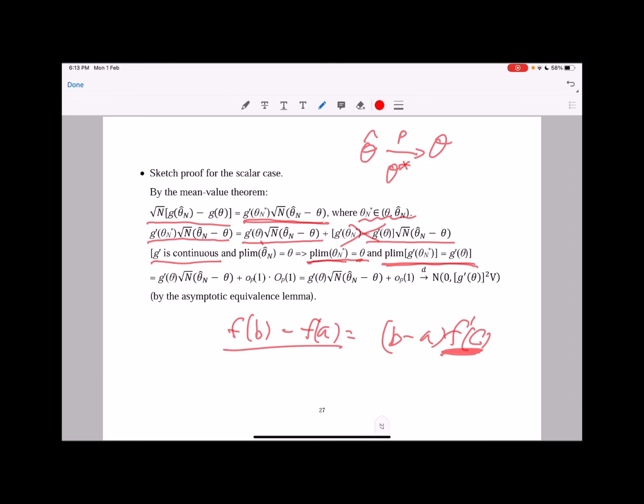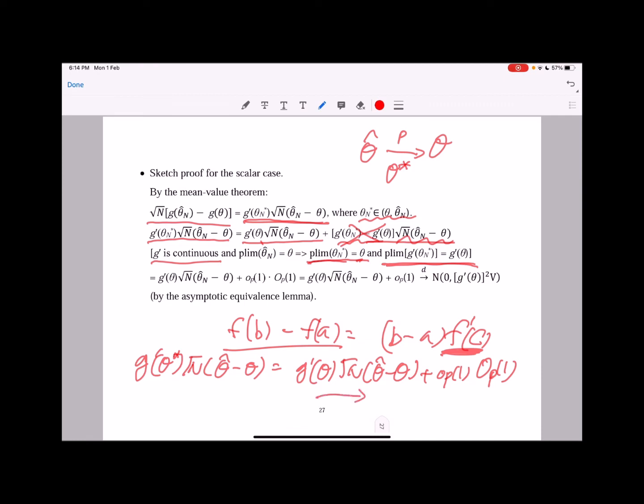So basically we can write like this. g prime theta star times the square root of n times theta hat minus theta equals g prime theta times the square root of n times theta hat minus theta, plus this is small o_p(1), and of course this is just big O_p(1), and the whole thing apparently will converge in distribution to N(0, g prime theta squared, times V).